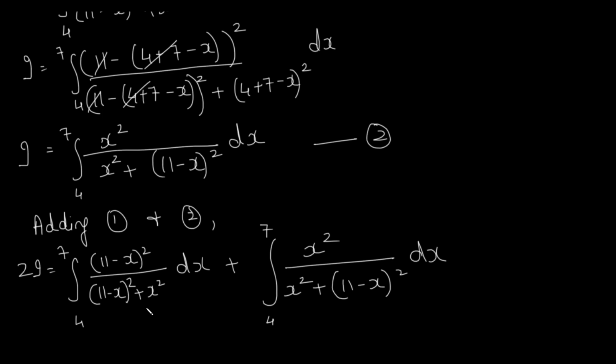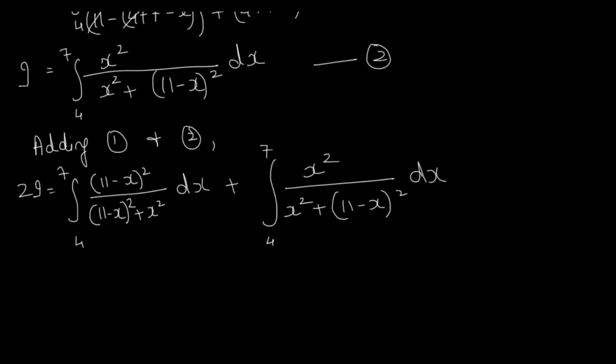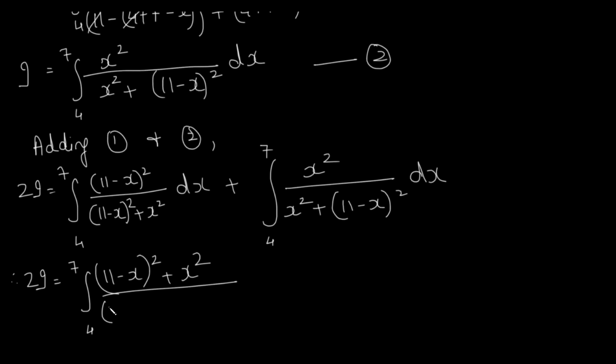We see that the denominators of both the fractions are equal. The limit of their integrations are also equal. So we can combine them by putting them under the same limit of integration, and therefore we get 2I is equal to integral 4 to 7 11 minus x the whole square plus x square, because the denominators are equal, upon this way.